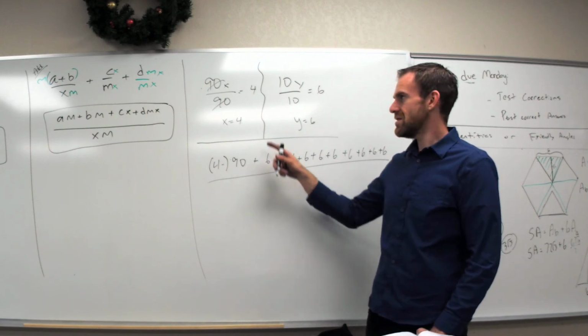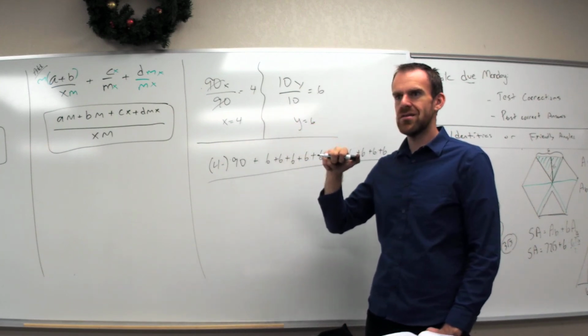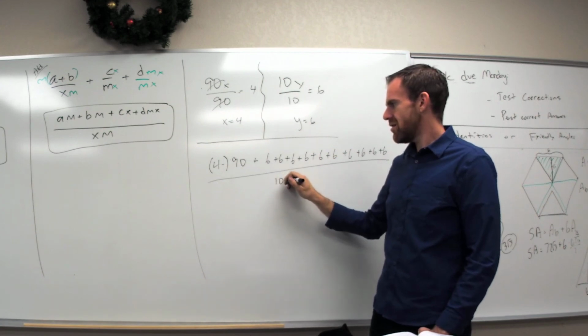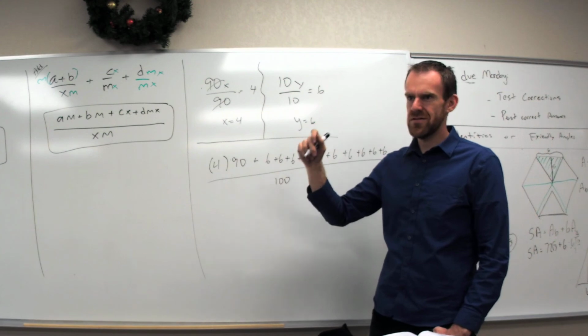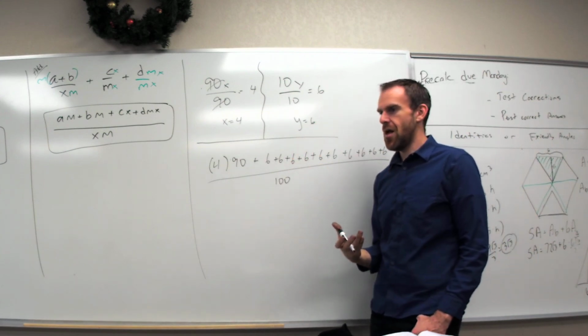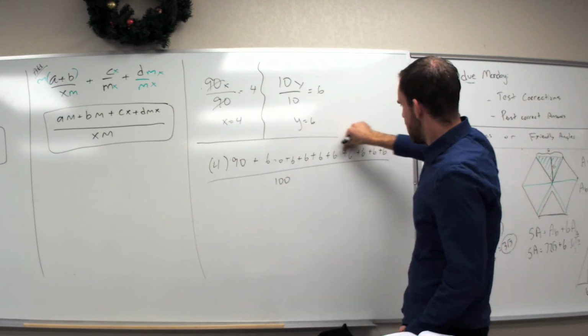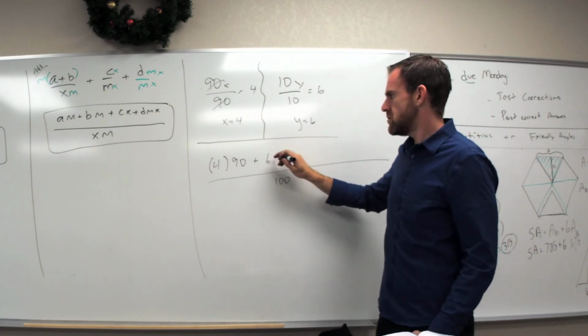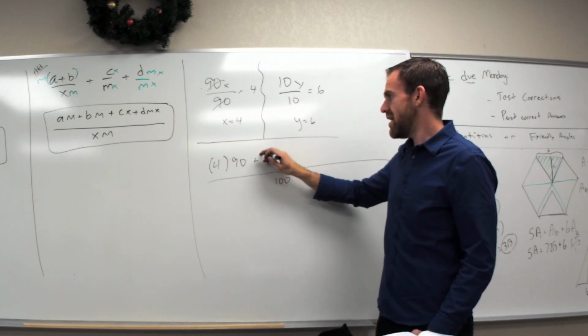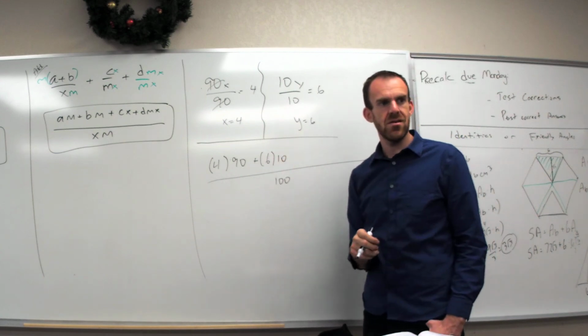What's 90 plus 10? 100. Right? We're writing 4 times 90 because I don't want to write out 4 plus 4 plus 4, 90 times. In the same way, we can write out 6 times 10 because there's 10 6s.